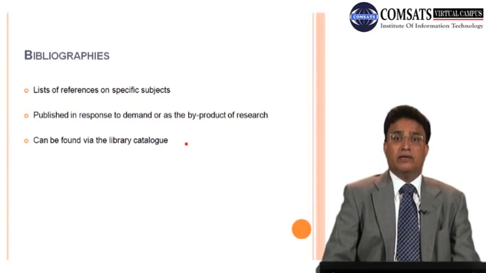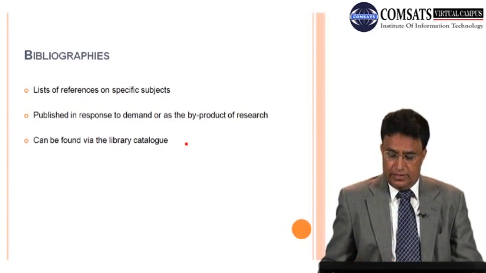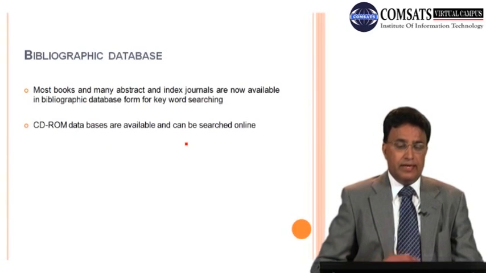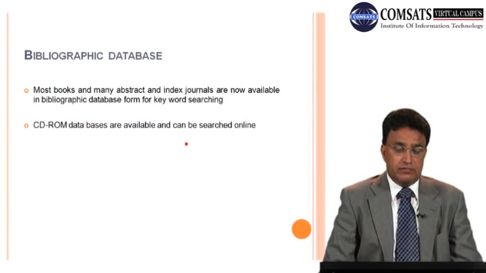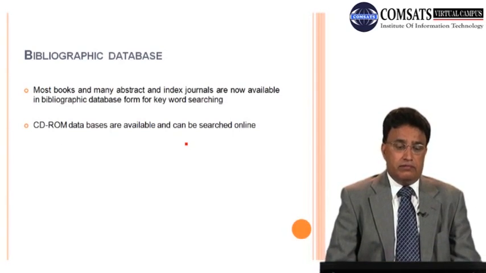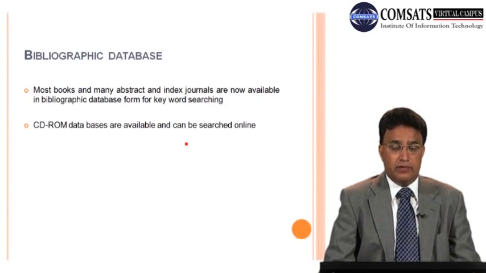A catalog could be within the library, or it could be online on a computer. So bibliographic databases include most of the books, and many abstracts and index journals are now available in bibliographic databases.